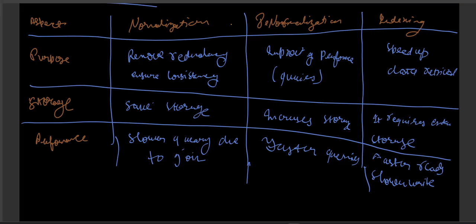Denormalization gives faster queries because the number of joins is almost zero, or one or two fewer joins. But indexing gives faster reads because if you want to read the data, you only have to give the index and it will give you the value, but it is a slower write.